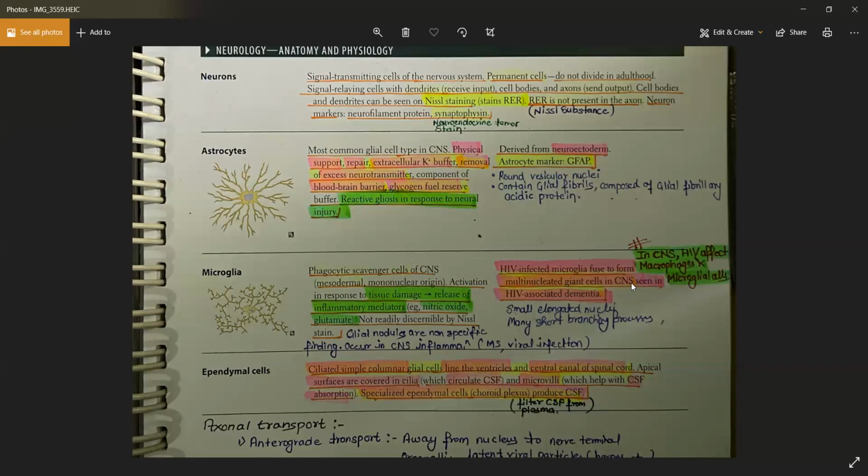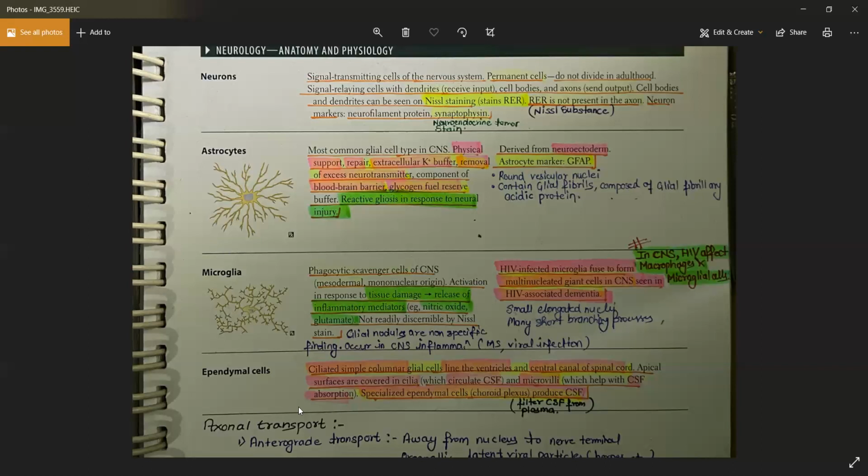In case of HIV associated dementia, whenever you see a biopsy of the brain, you can see the multinucleated giant cells, and these are the microglial cells. Step 1 can ask you what structures in the CNS HIV infects. So these are the macrophages, also known as the microglial cells of the brain, right? Very important.